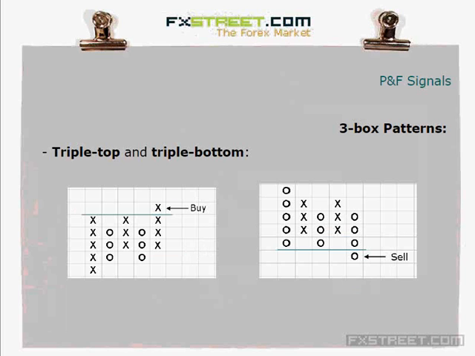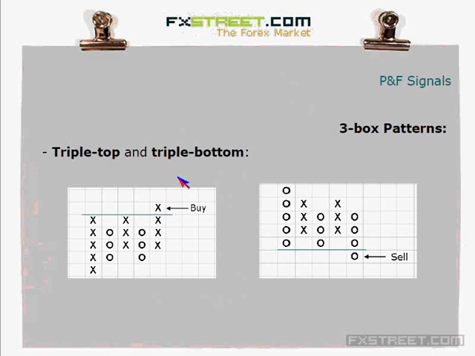And another pattern in the 3 box reversal would be the triple top and the triple bottom, which is simply the same pattern as the double top and double bottom, but with a subsequent drop or rise in price before the reversal and final breakout.